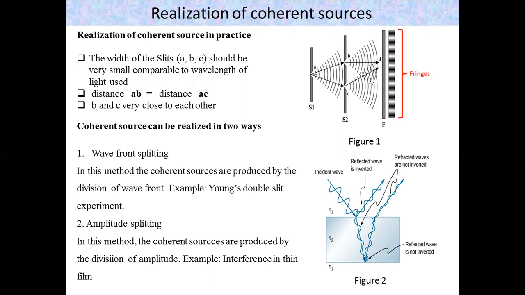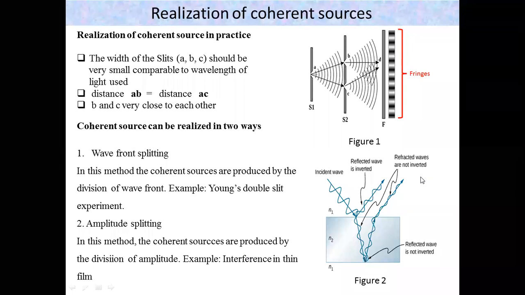These two parts of the same wavefront travel through different paths and superimpose on each other at a point on the screen to produce the interference pattern. This is known as interference due to division of wavefront.